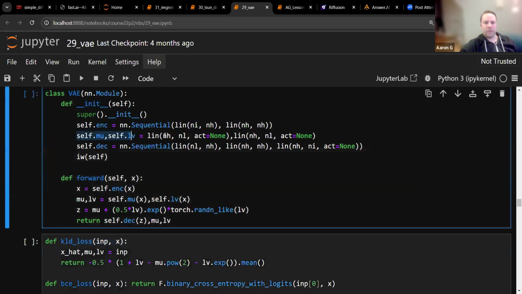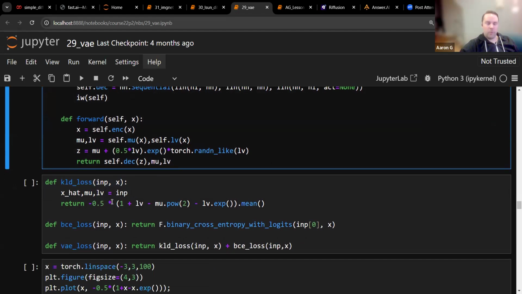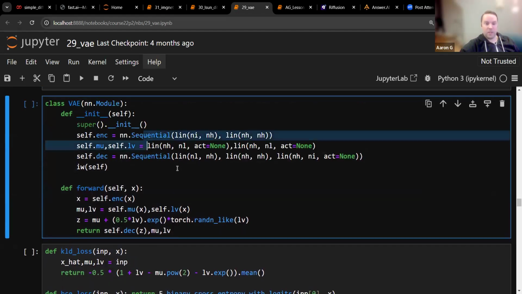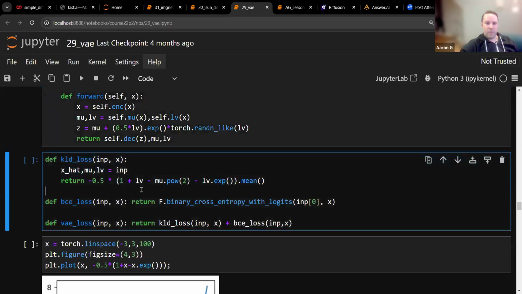And again, we're generating vectors of means and variances as output, and initially this is all going to be random. So by employing this KLD loss, that's going to help us get to our end goal of producing in the latent space something that looks like a standard unit normal.